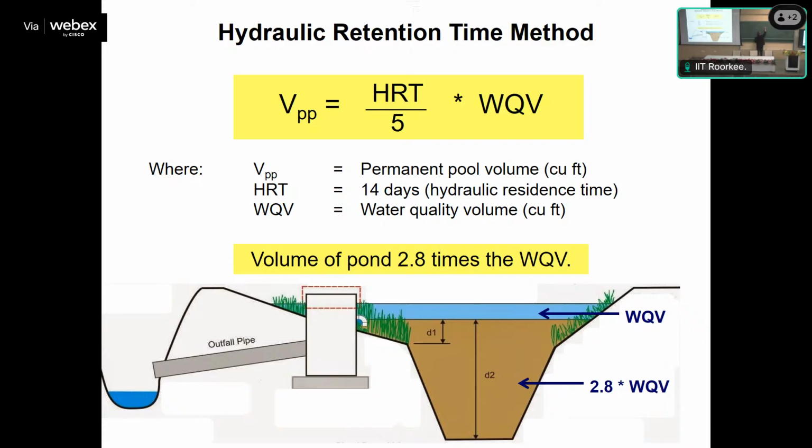The volume is equal to 2.8 multiplied by your water quality volume, and you know that water quality volume can be based off that associated with 35 millimeters of rain.